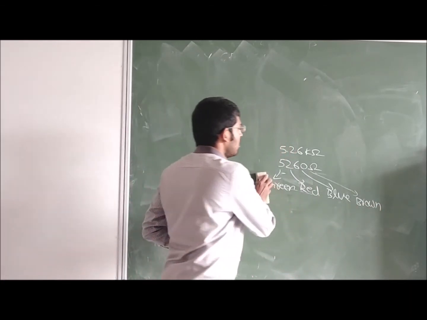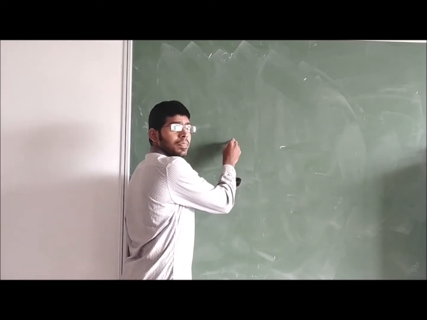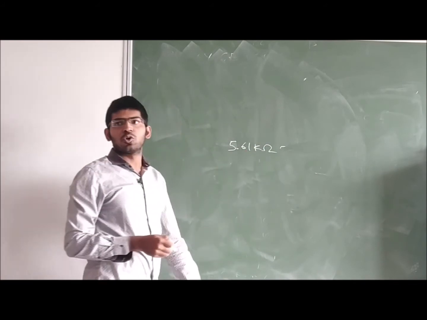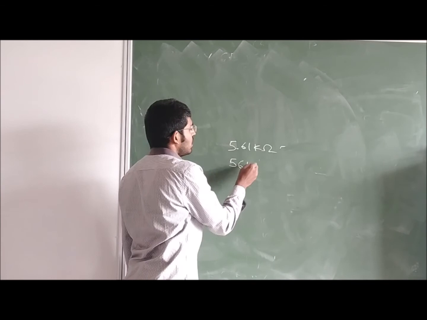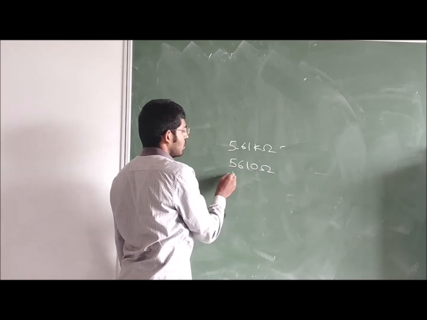What are the remaining values that are left? 5.61 kilo ohms. Definitely we have to use a 5 band resistor. So this is 5610 ohms.